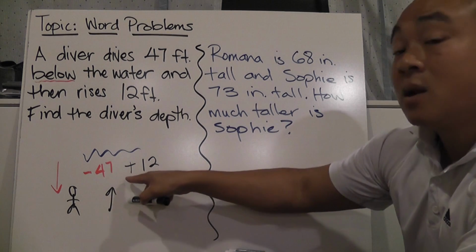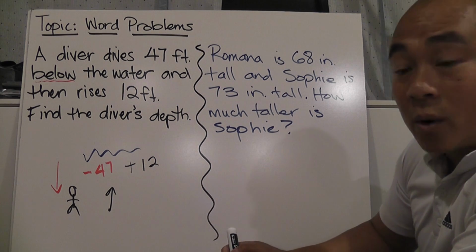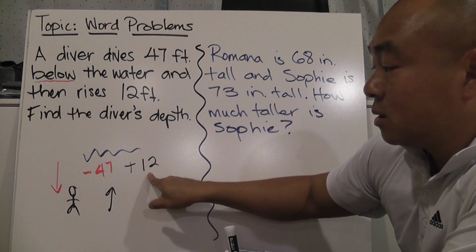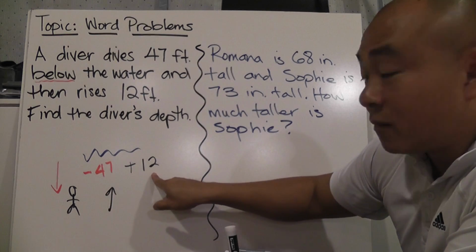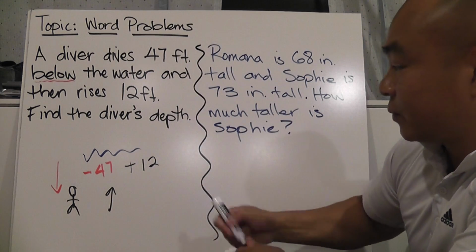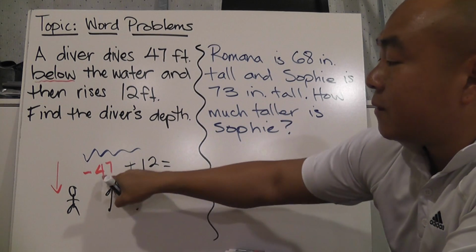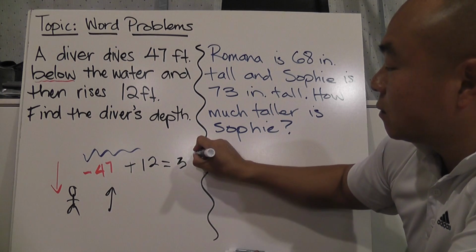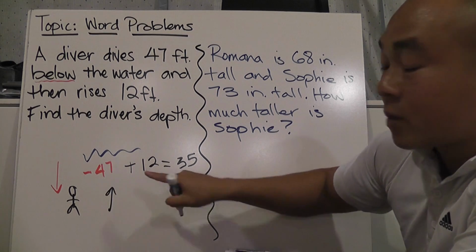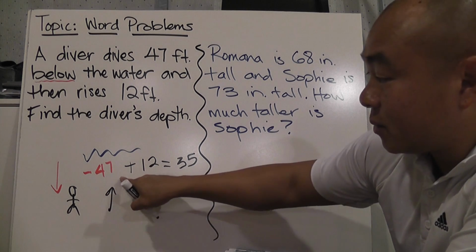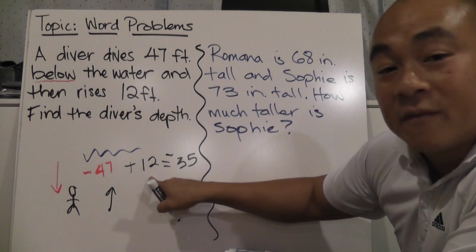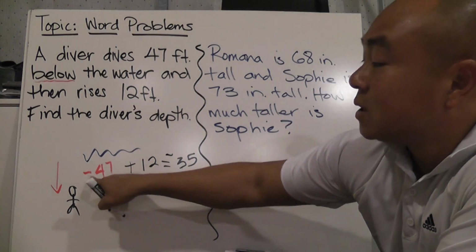So negative 47 plus 12, going back to our rules that we learned, one of the very important concepts, if the signs are different, we're going to subtract: 47 minus 12, the larger absolute value, and that'll give us 35. So the diver's depth at that moment, after going down 47 and rising 12 up, is still in the negative area because he's still underwater. That is negative 35. And according to our very important concept, we take the sign of the larger value.